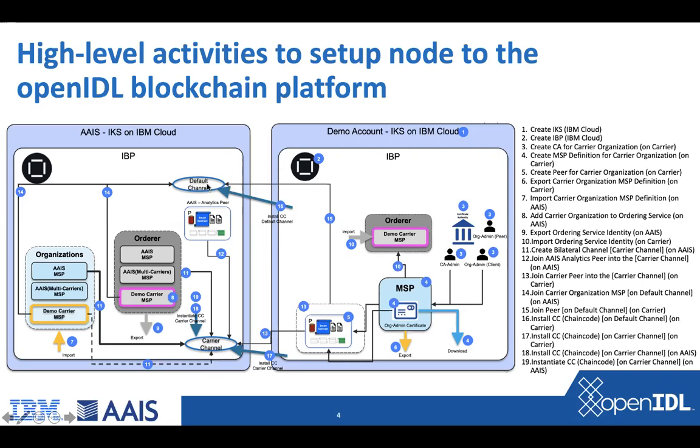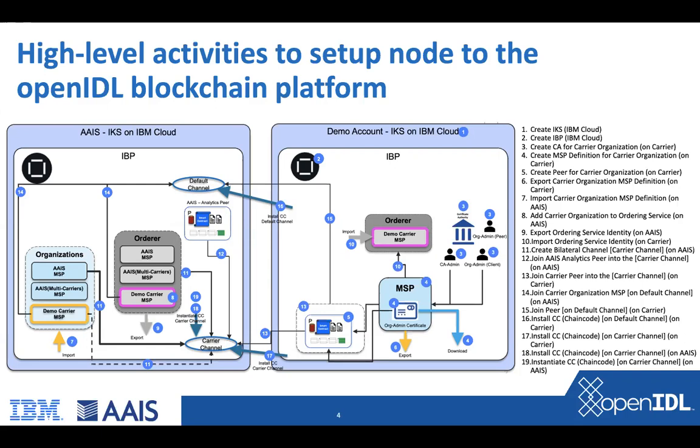And we already have a default channel, and we will join the peer that we have created on this IBP platform to the default channel. And then we're going to set up the chaincode, the smart contracts, onto the respective channels, both on the carrier channel that we have created along with the default channel that we joined. We install them and we instantiate them along with the private data collections.